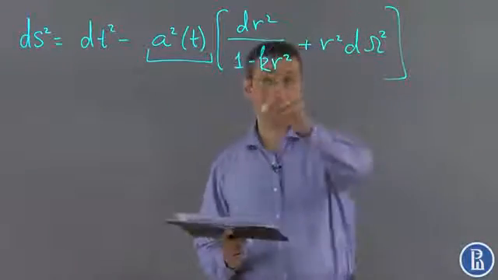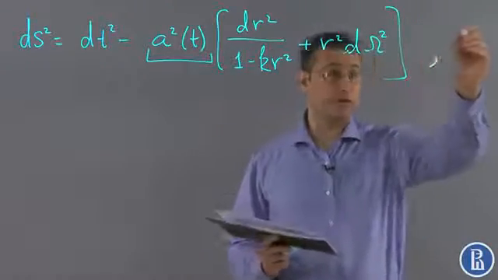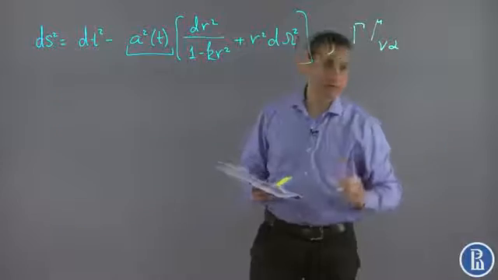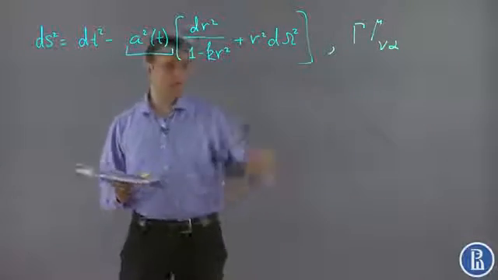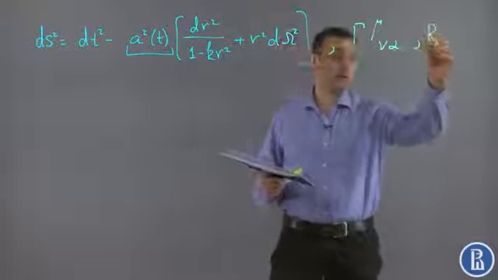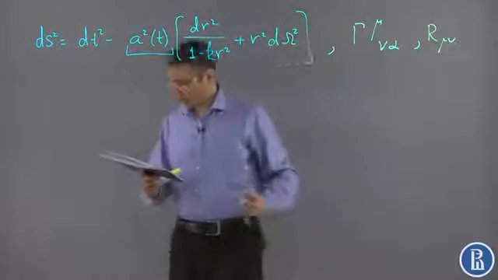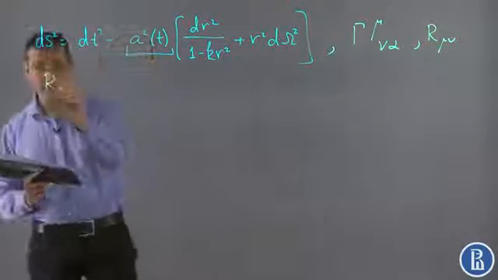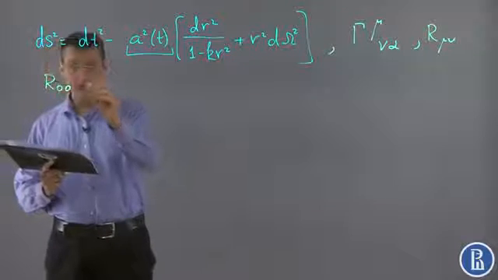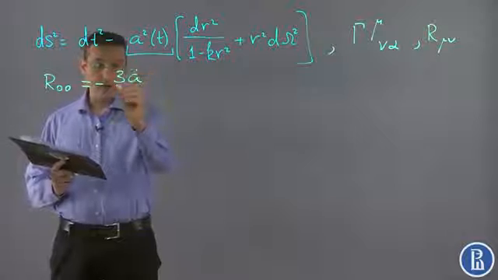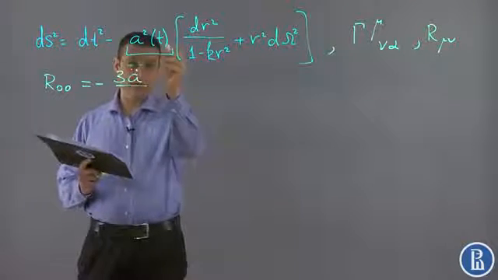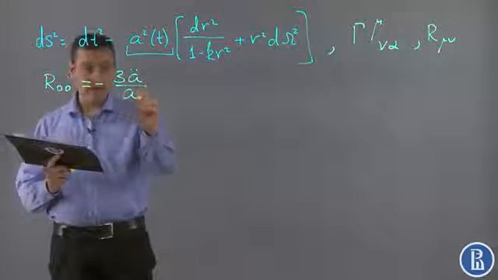We have written for you the components of the Christoffel symbols for this metric. Now we're going to write the components of the Ricci tensor for this metric. The Ricci tensor components are like this: R00 is minus 3 times a double dot over a, the second derivative over time of a.